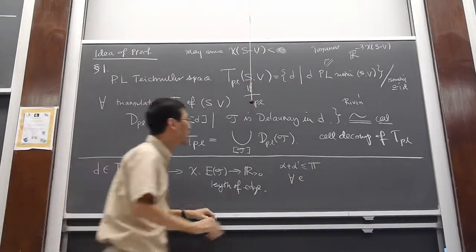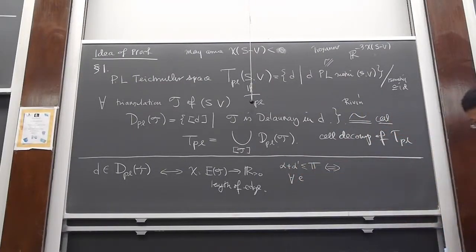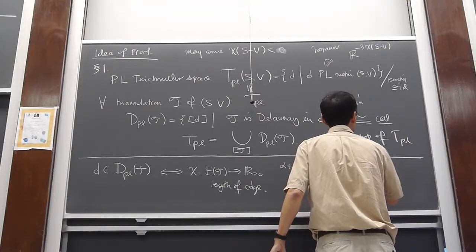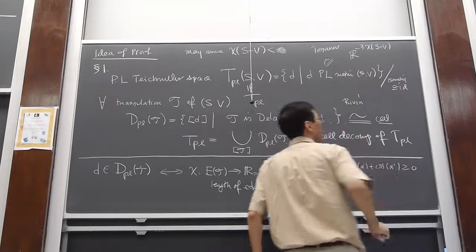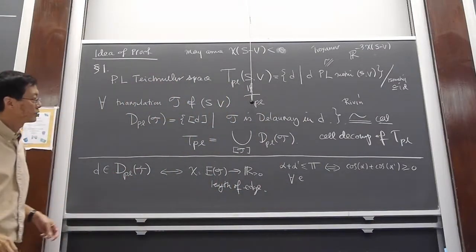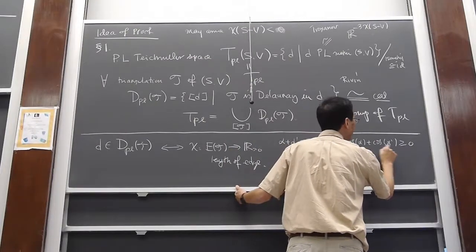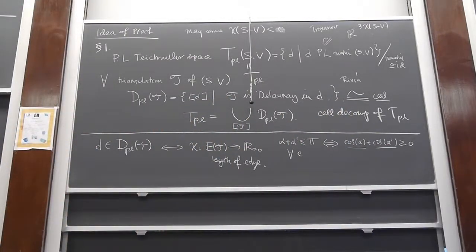And now we know that having two angles whose sum is at most pi is the same thing as cosine of alpha plus cosine of alpha prime being at least 0. It's just standard. But we can calculate the cosine in terms of the lengths. So maybe I'm going to draw this picture.